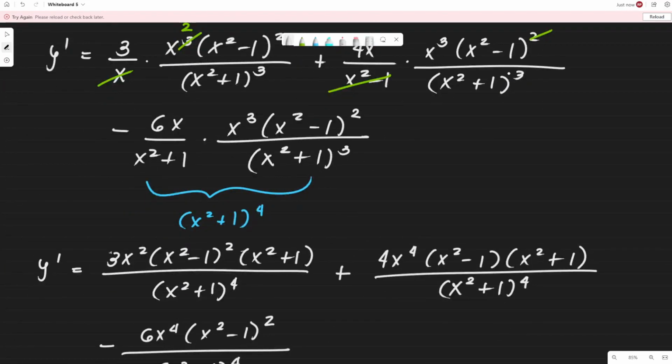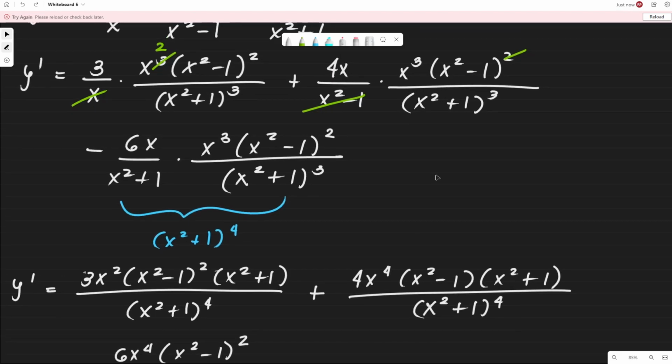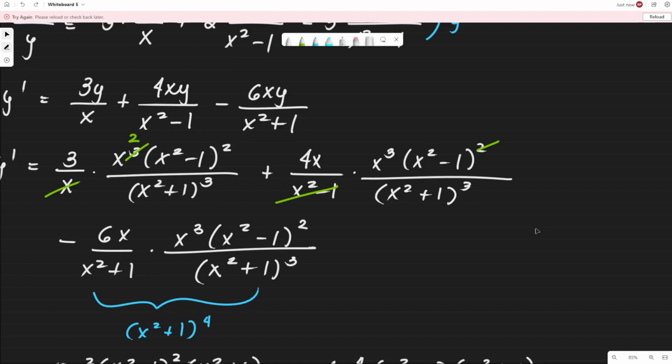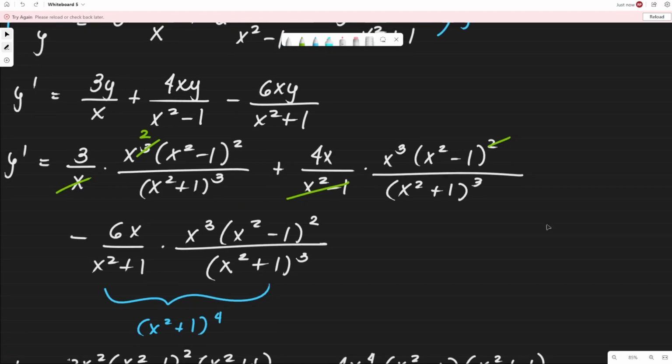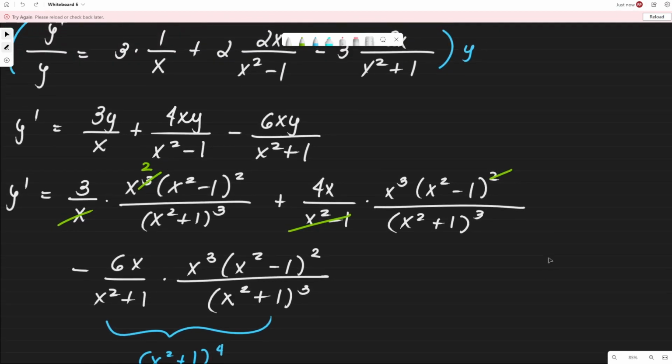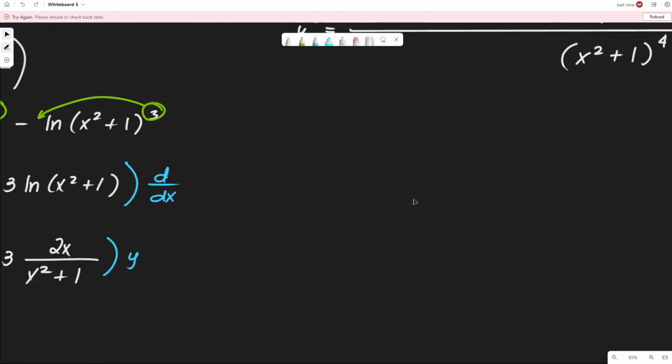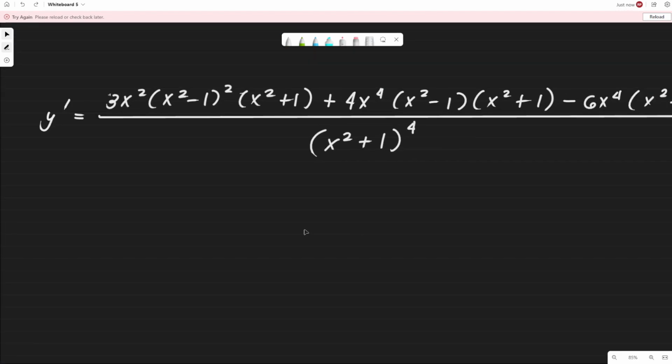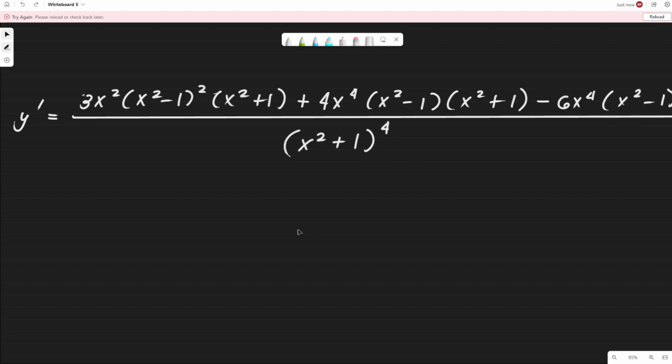Ay, hindi, tama. Okay. Ito yung ano natin. Then just simplify. Let us check what we can simplify.